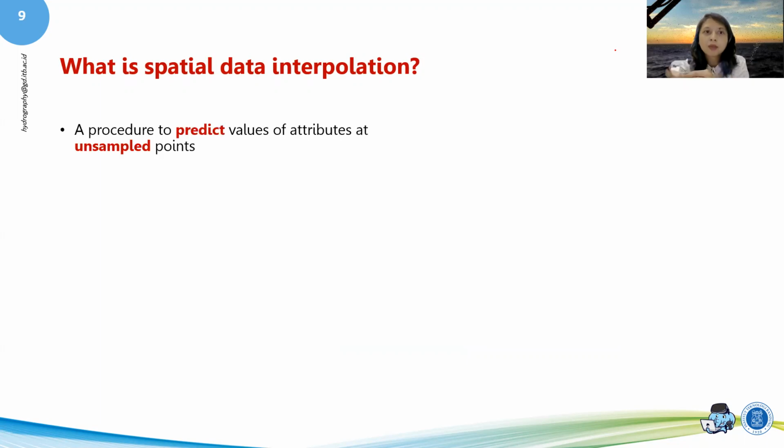When we're talking about data interpolation, we're actually talking about a procedure to predict values of attributes at unsampled points. In bathymetry or in hydrography, normally the attributes are depths, but sometimes it doesn't have to be depth. It could be rainfall, maybe temperature or something like that.